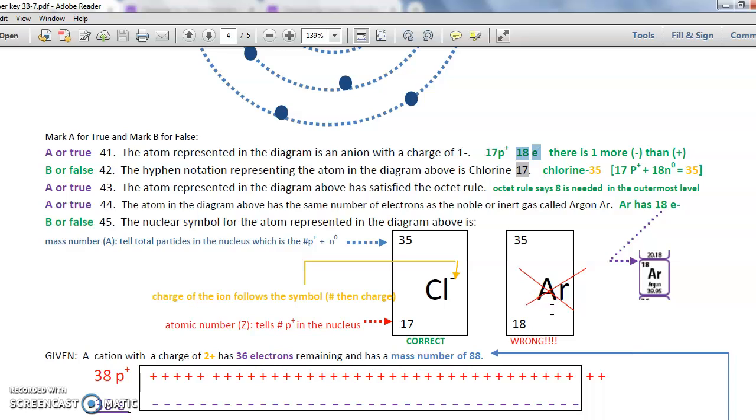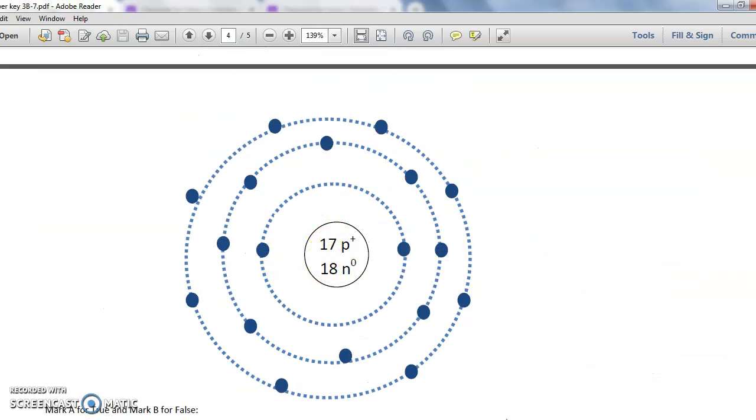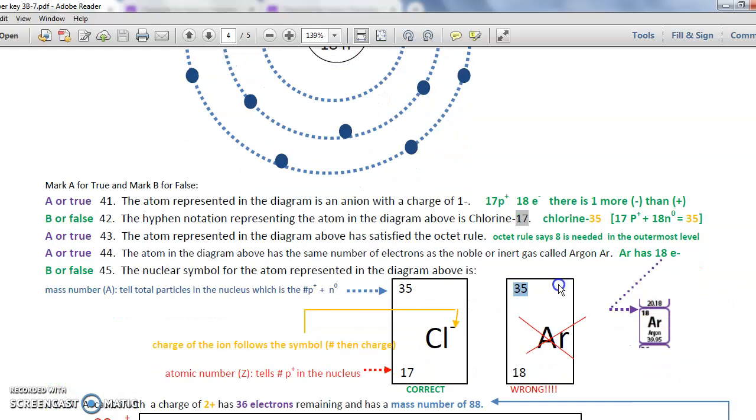No. The 35 is correct. The mass number is 35. In nuclear symbol format, they put the mass number in the upper left-hand corner. 17 and 18 is 35. 35 particles in the nucleus.